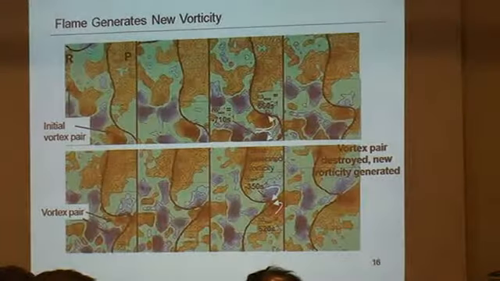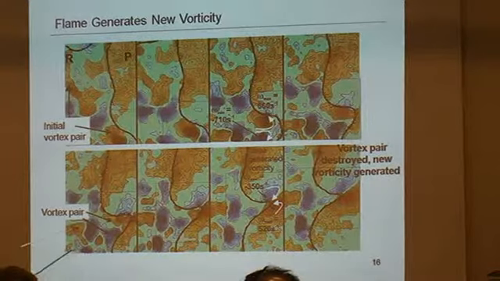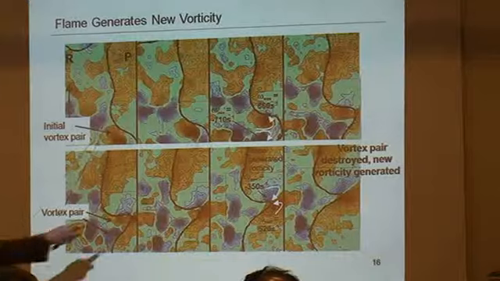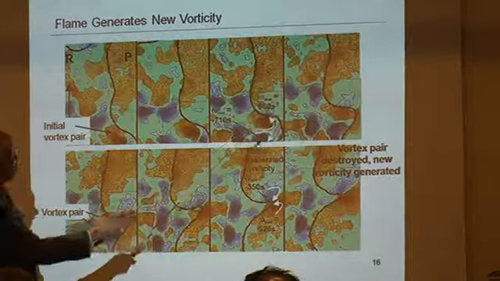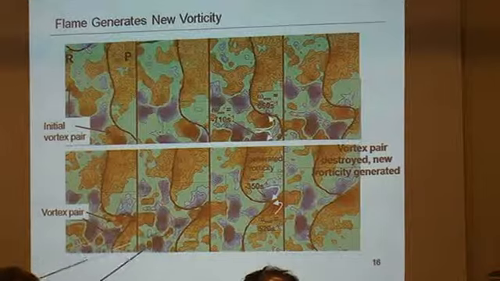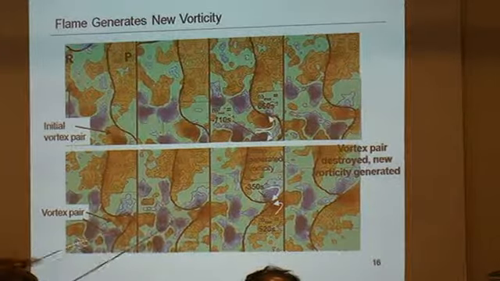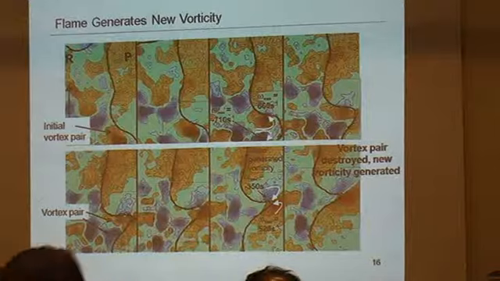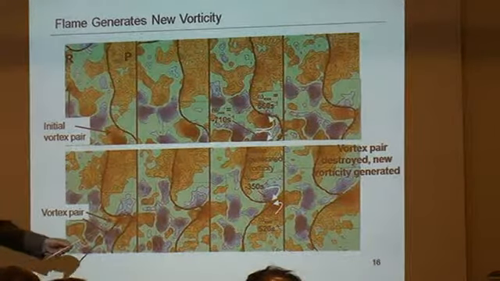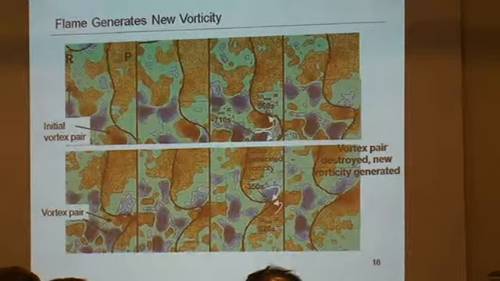The other point is that the flame generates vorticity, and this is the point where we have this vortex pair, red and blue, red and blue, red and blue, and then later on we see blue on top of red in the products. And this is because vorticity is created at the flame front. The original vortex is totally destroyed, but then new vorticity is created in the opposite sense.